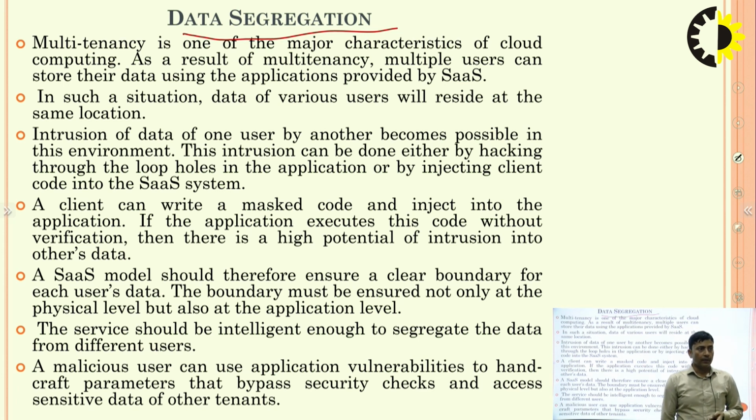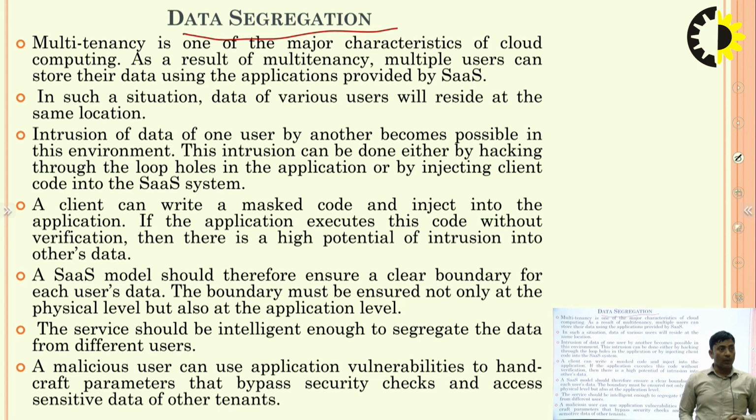So intrusion of the data of one user by another becomes possible in this environment. Because data is stored at the same physical location and multiple users are using that location, it is possible that one user can access the data of some other user.